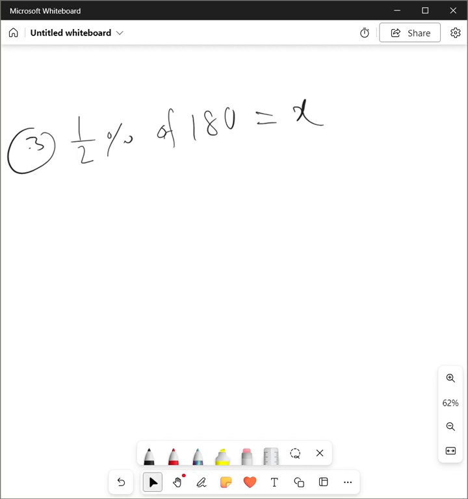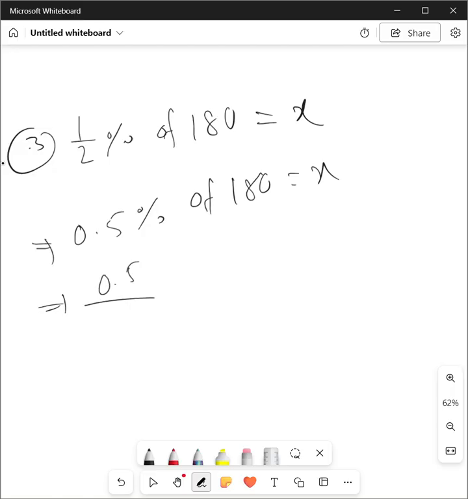So we know that half percent, let's convert it into decimal. Half means 0.5. So 0.5 percent of 180 equals x. That means 0.5 divided by 100 times 180 equals x.